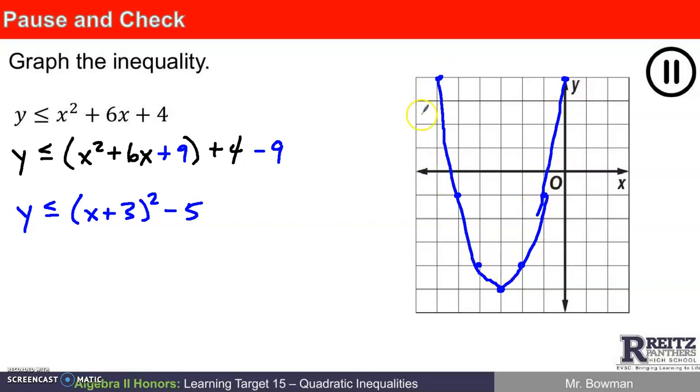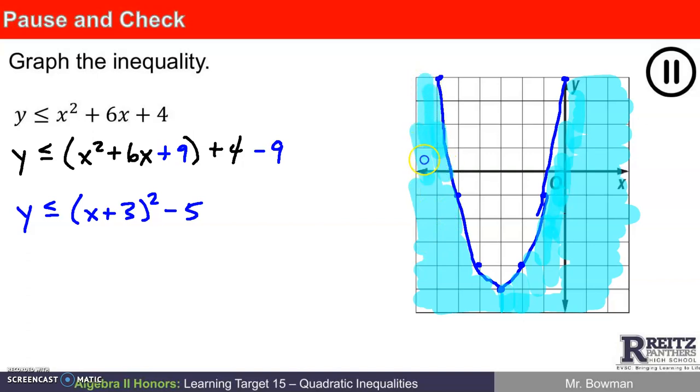Where are the y's less than the line? Yeah, below it. So we will shade all of the area underneath. Any part of the graph where the point would be beneath that boundary line solves it. There we go. There's a decent sketch of that inequality.